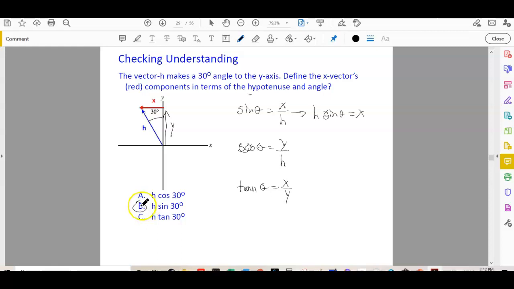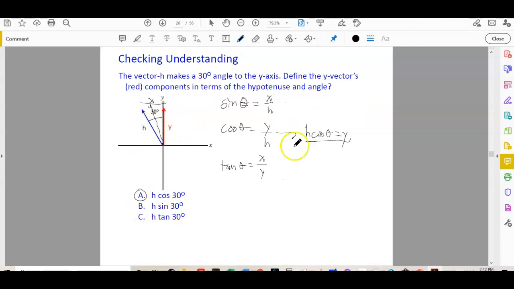Look, if you are given hypotenuse and 30 degrees, the side that is adjacent to it is going to be cosine. So when you have to do problems where you're given the hypotenuse and the angle theta, and you need to get the adjacent one, you think hypotenuse cosine of theta.